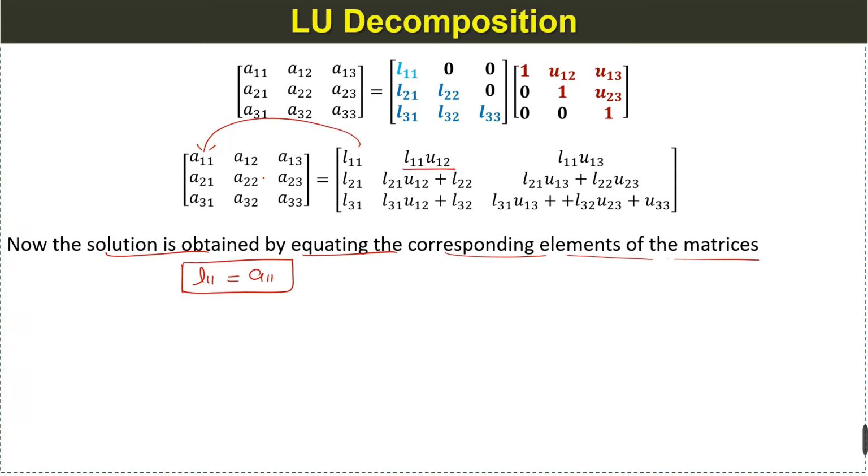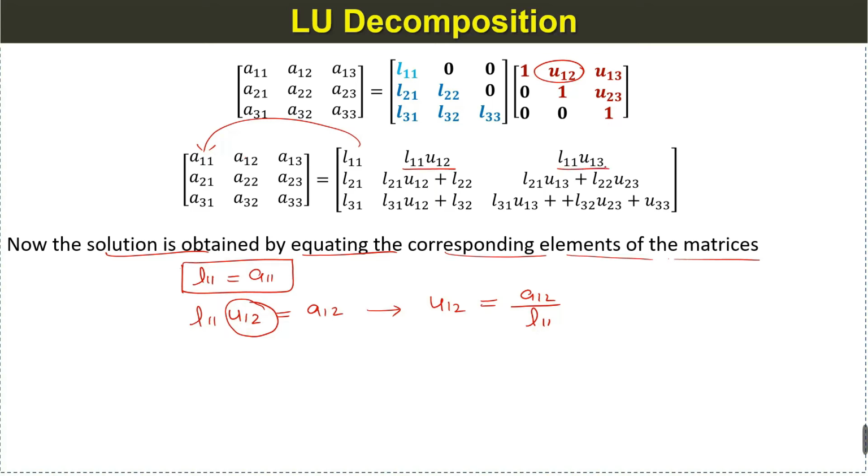Next, equate the entry for A12. So L11 times U12 equals A12. In this equation there is one unknown value that we have to find, U12. So we simplify this equation: U12 is equal to A12 divided by L11.